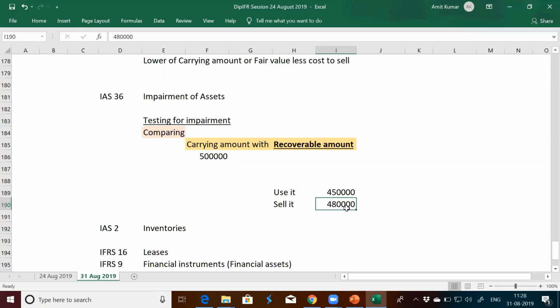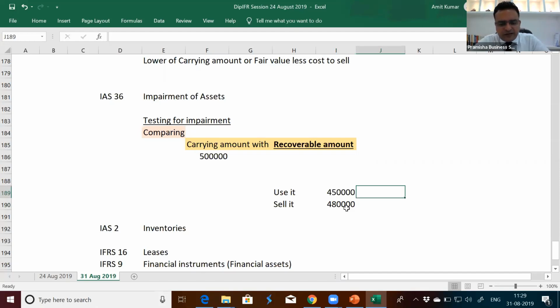I would say if we consider going concern, then I would like to use it. But if you use any asset for a foreseeable period, we take into account the present value of net inflows. Net inflows means whatever cash flows we are expecting to receive over the life of this asset, less whatever cash flows we are expecting to pay, discounted to present value.